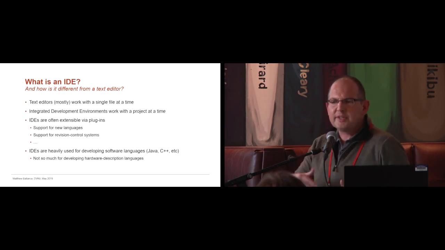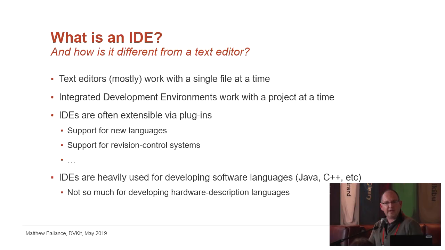So the biggest difference between an IDE and an individual text file is that text editors generally work with a single file at a time. There are some nuances. Sometimes Emacs, for example, will let you do some indexing across the files. But generally speaking, you have a single file open at a time.